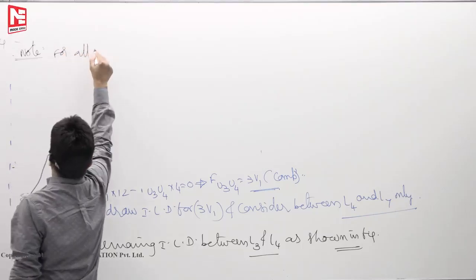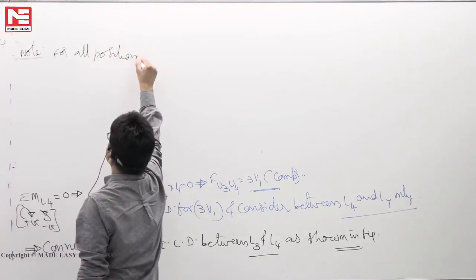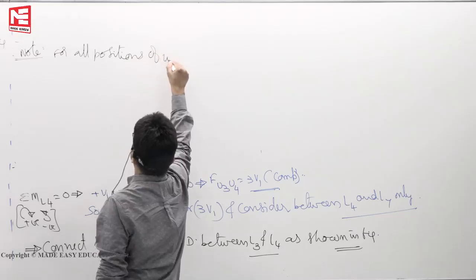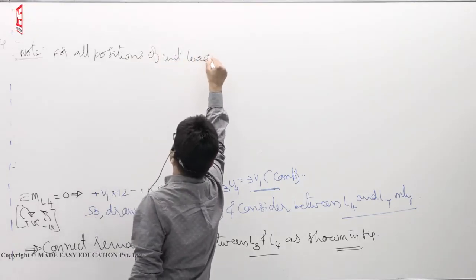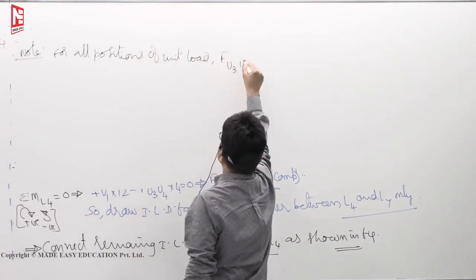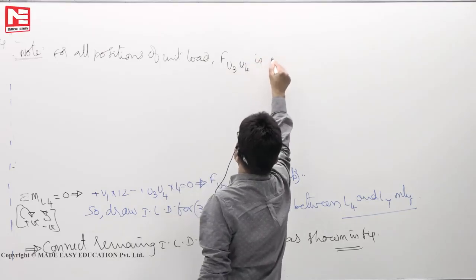For all positions of unit load, F U3 U4 is compressive.